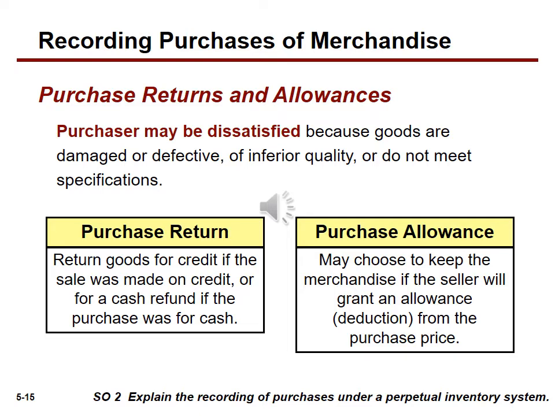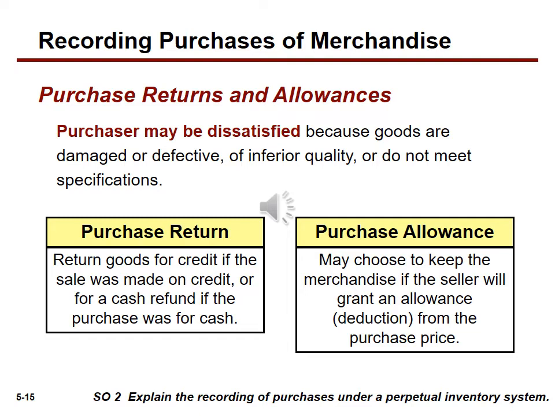So the purchaser may be dissatisfied with their purchase because the goods are damaged or defective, or of inferior quality, or they do not meet the specifications that we ordered. Let's say we ordered 100 pieces of a specific product in a particular size, and we got a different size or a different color or something like that.